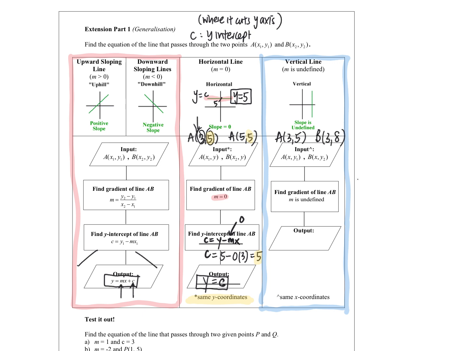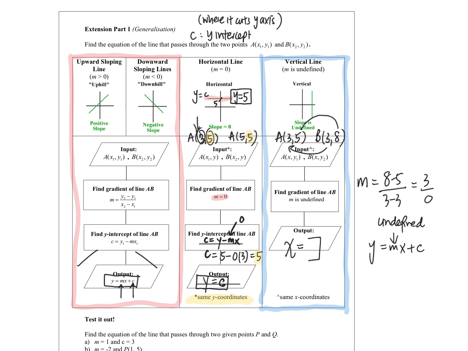So when I'm finding gradient, what happens? y2 minus y1, x2 minus x1, you get 3 over 0. Your calculator gives you math error. So it's undefined. So when it's undefined, it's impossible for you to sub in here because there's no value you can sub in. So when that happens, your equation is always x equals to a value.